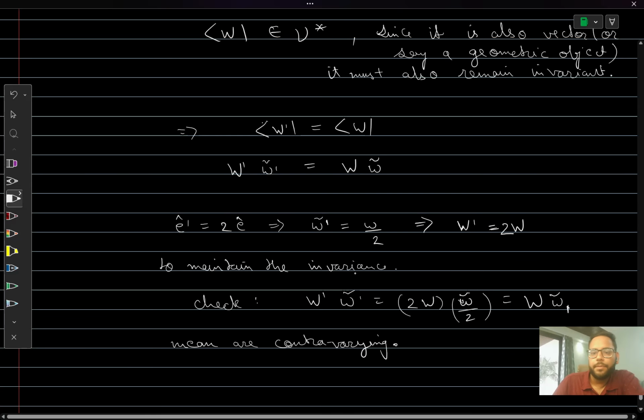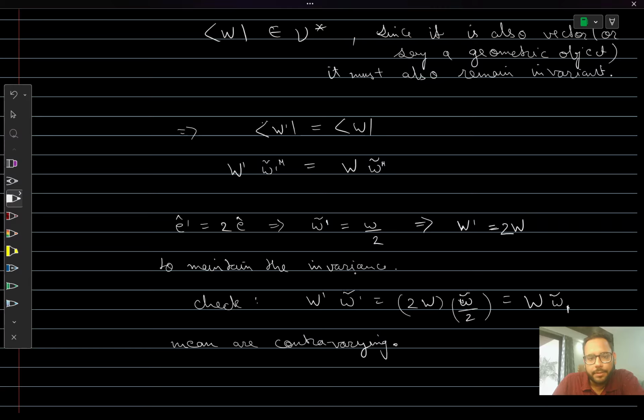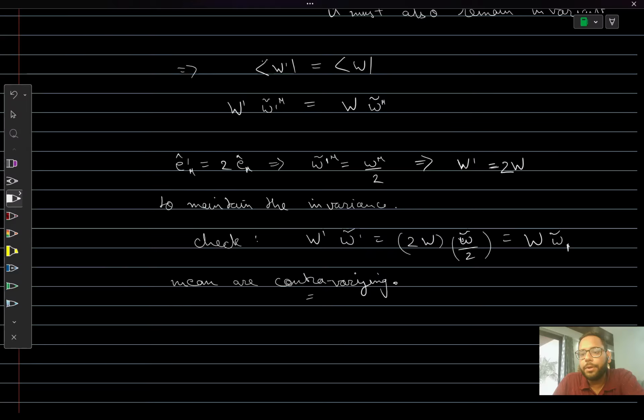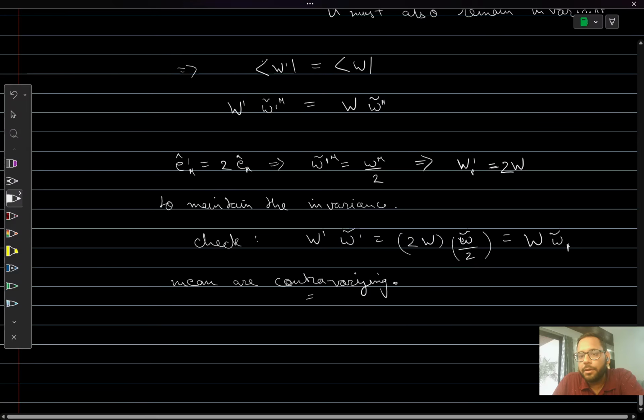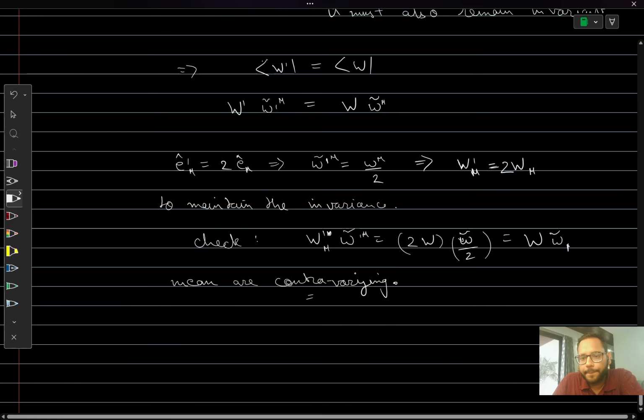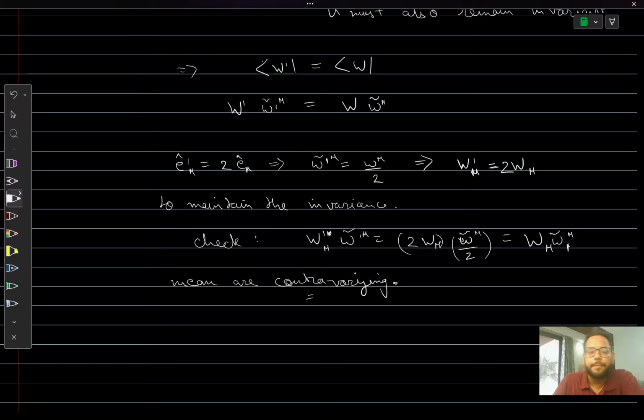Now since this basis has a lower index, the original basis, and it must have an upper index, we have checked that it should contravary, then the components should have lower indices, because they are contravarying with this basis, here and here.